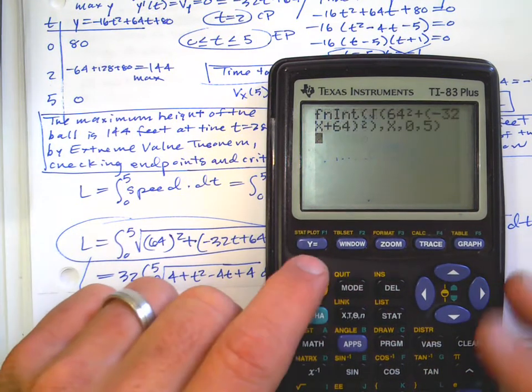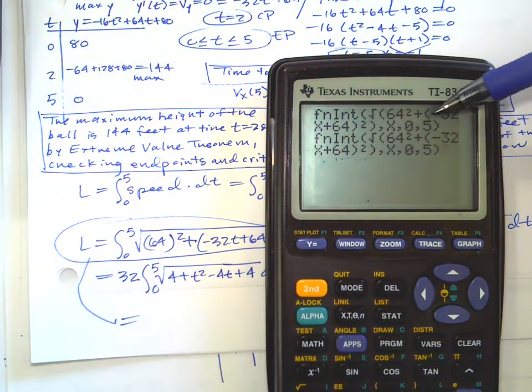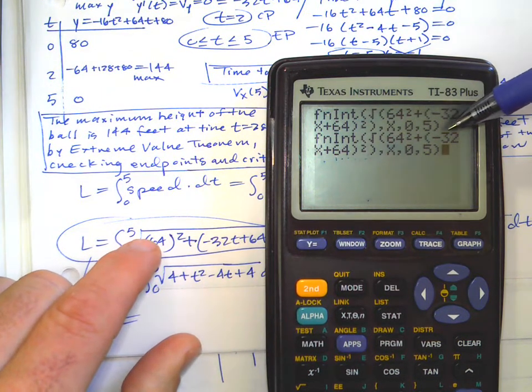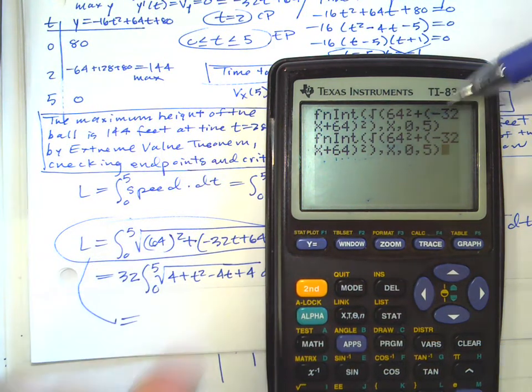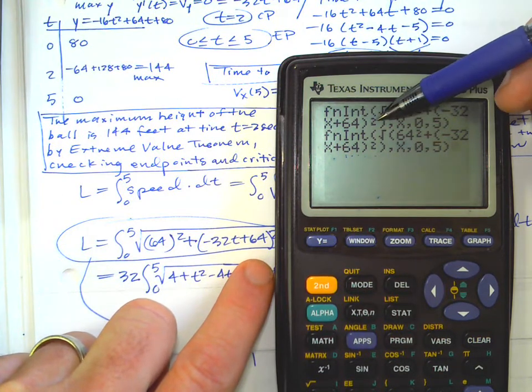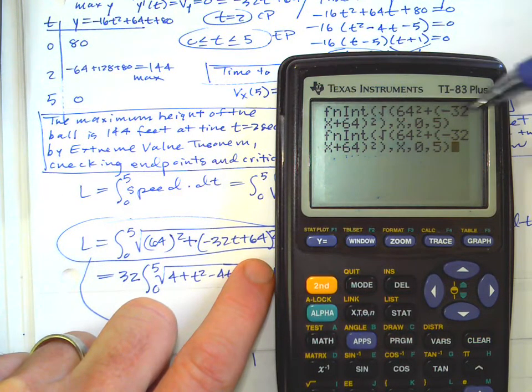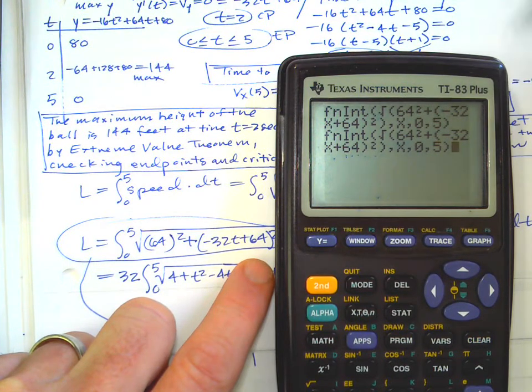Something's wrong. I don't know if I put no parentheses here. 64 squared plus negative 32 x plus 64 squared, close those parentheses, close parentheses there, x 0 5.